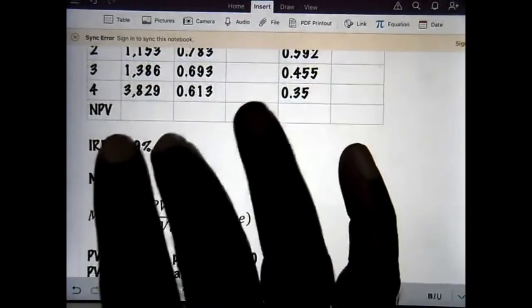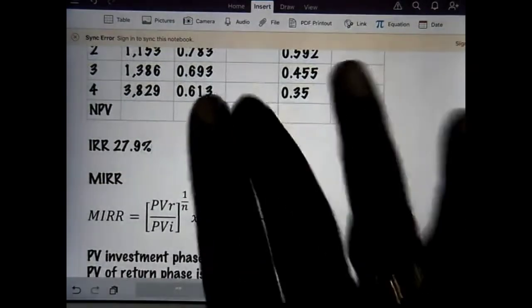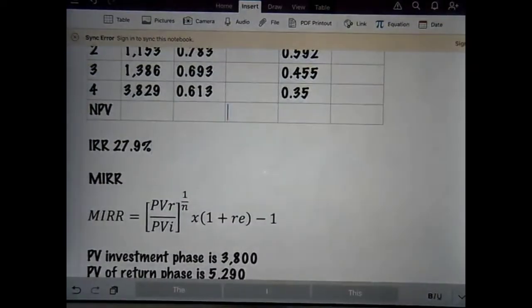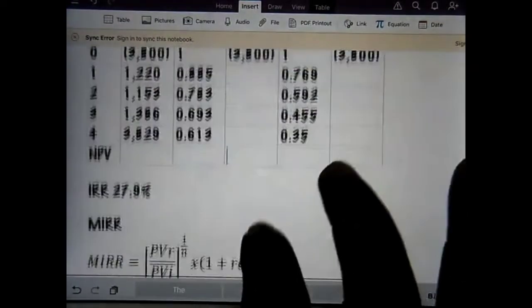I'll just get it done for you, just in case. By the way, can you give me the number here? How much is this number here?